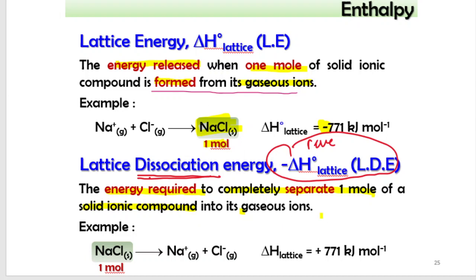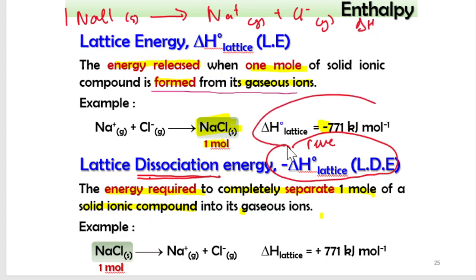So maksudnya apa? Daripada 1 mole of your NaCl dissociate to form Na plus gas plus Cl minus ion gas. Okay, so delta H kamu akan reverse kepada this value, so which is positive 771 kilojoule per mole. Okay, so you can see kalau per mole semua ni mesti 1 mole based on the definition.